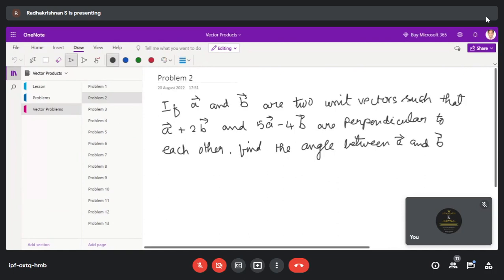If a and b are two unit vectors such that a plus 2b and 5a minus 4b are perpendicular to each other, find the angle between a and b. Can someone tell me how we can do that? Sir, mod a vector into mod b vector into sin theta, sir. Okay.